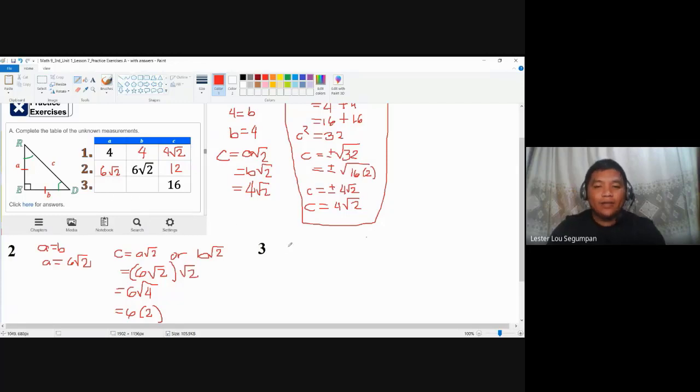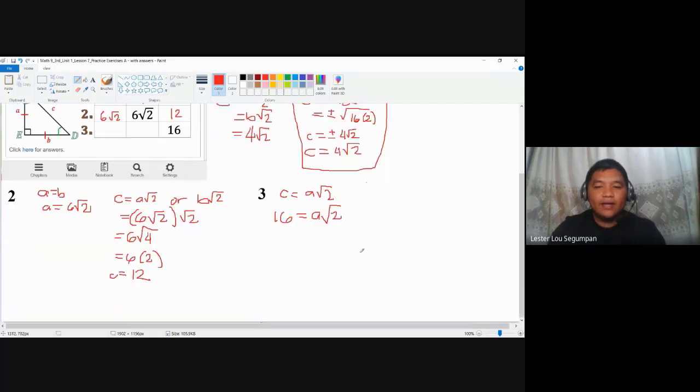Let's look at that. Since C is equal to A square root of 2 and C is 16, we can solve for A by dividing both sides by square root of 2. Then we have A is equal to 16 over square root of 2. Rationalize it by multiplying by square root of 2. So you have 16 square root of 2 over, taking the denominator, square root of 4, which is just equal to 2.